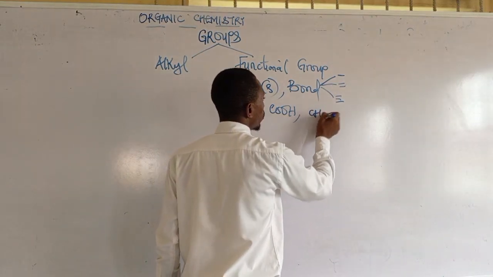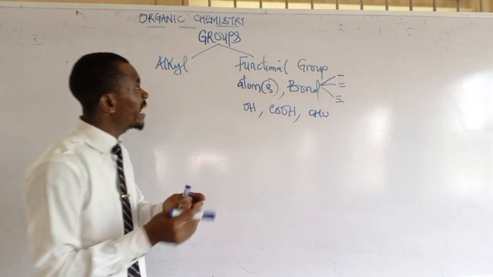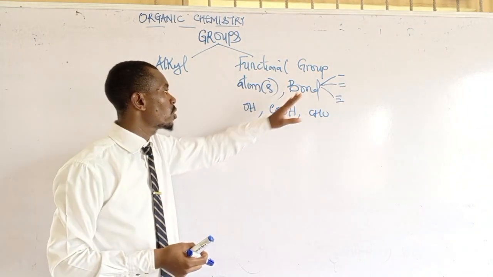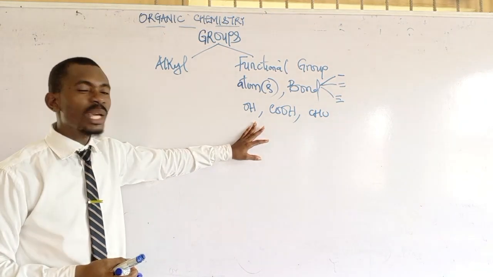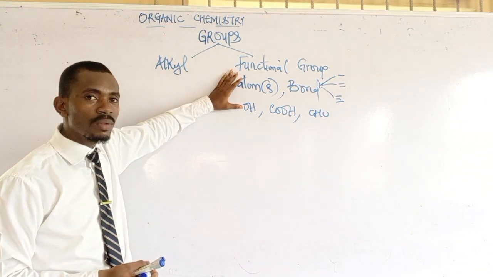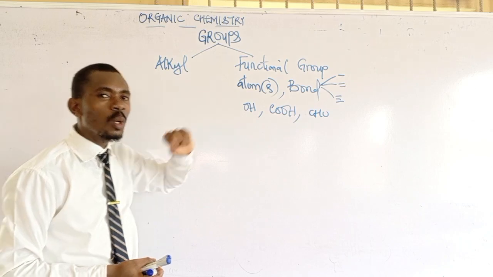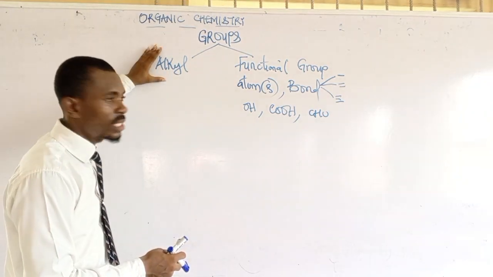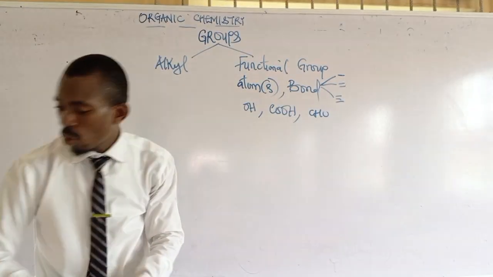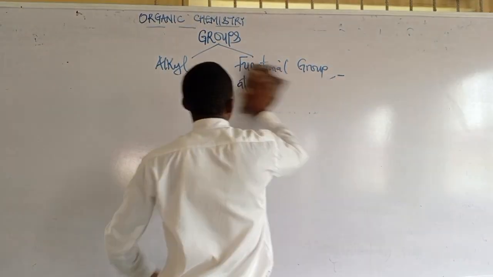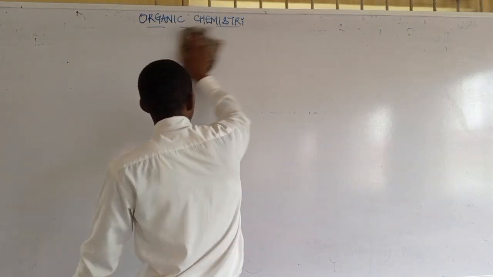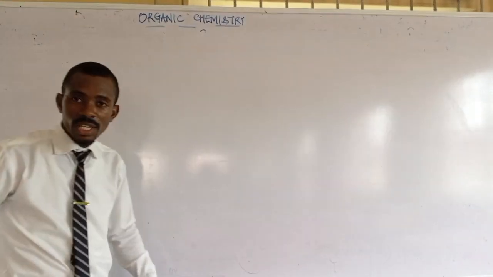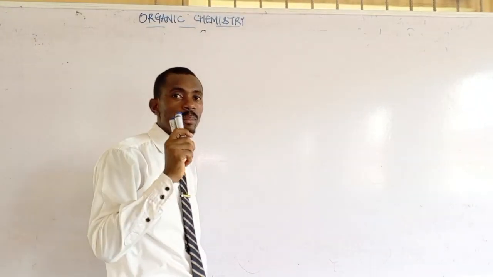Then we have the CHO, aldehydes or alkanals. By definition, they are groups of atoms or bonds that are peculiar to a particular compound, and they determine the chemical properties. By comparison, alkyl groups determine physical properties, functional groups determine chemical properties. And every compound that shares the same functional group will also share the same chemical properties.